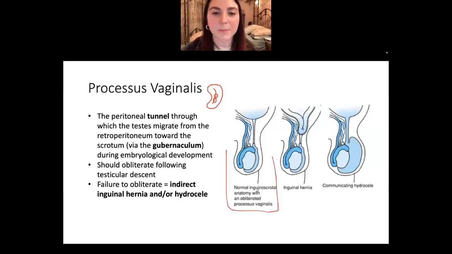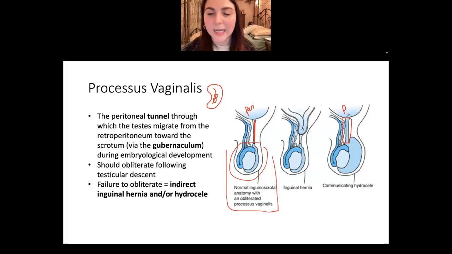Over here in this first image, this is your normal inguinoscrotal anatomy. This is the peritoneal cavity here, and here's your scrotum. See how they're trying to show a ligament? It obliterated, it went away, so now it's just a ligament. This is normal. In utero, what this ligament was is called the processus vaginalis, best seen in this image, which connects the peritoneal cavity up here to the scrotal sac.